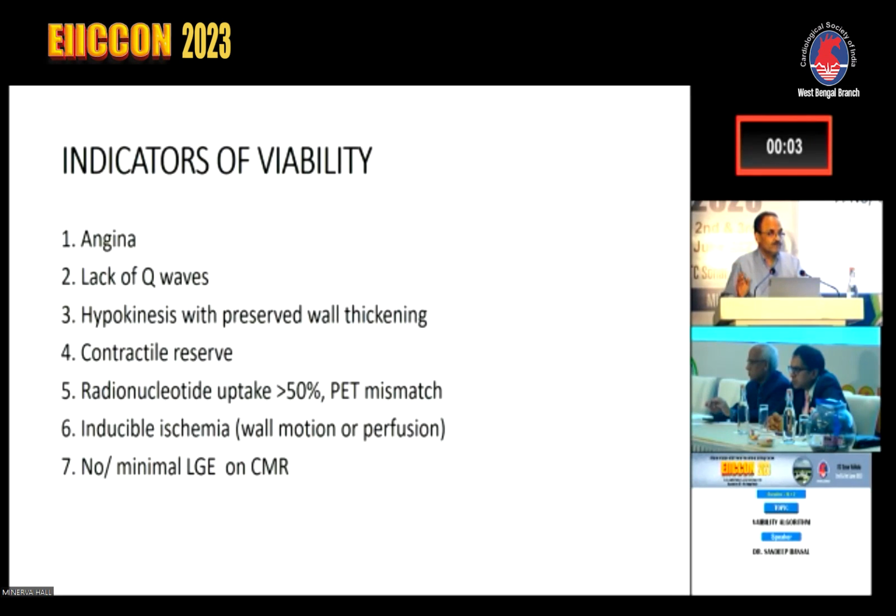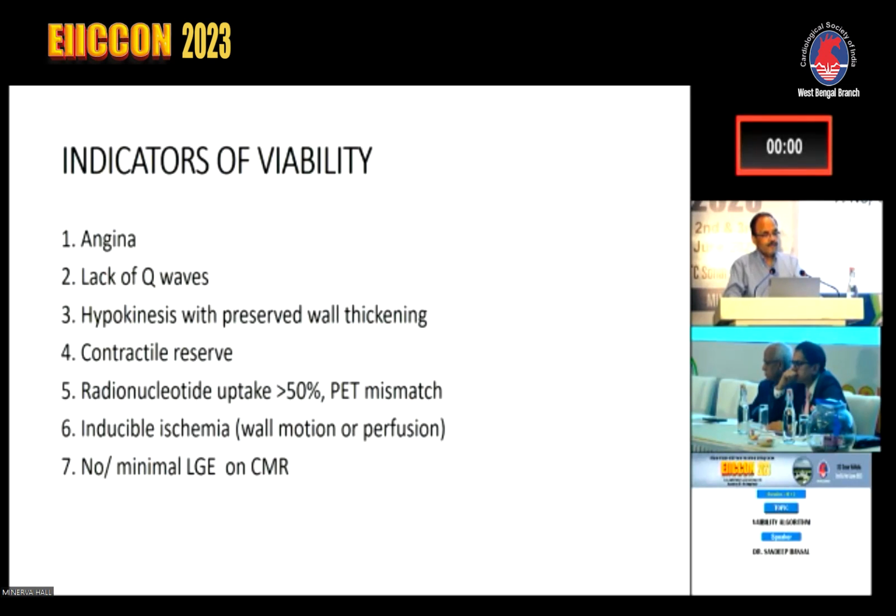So that is the sliding scale on which the perfusion changes. And if there is a greater than 50% increase in the radionuclide uptake, that again is a marker of viability. Likewise, as we shall see, if there is a mismatch of perfusion and glucose uptake on PET scan, that is again a very strong marker of viability.